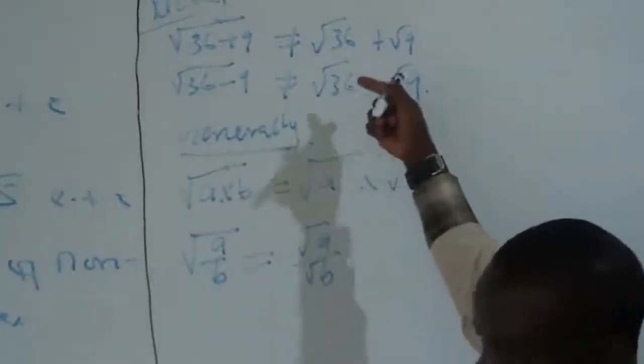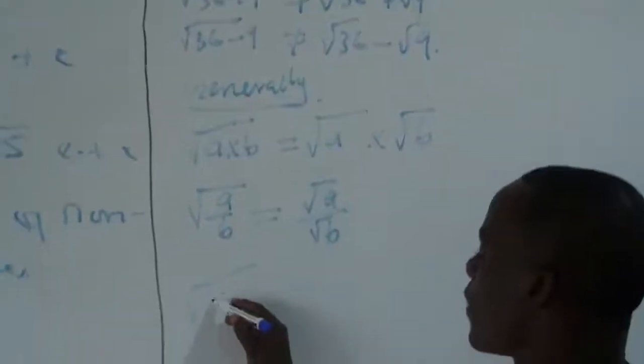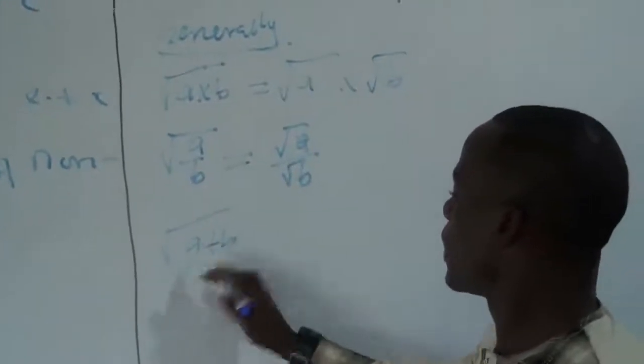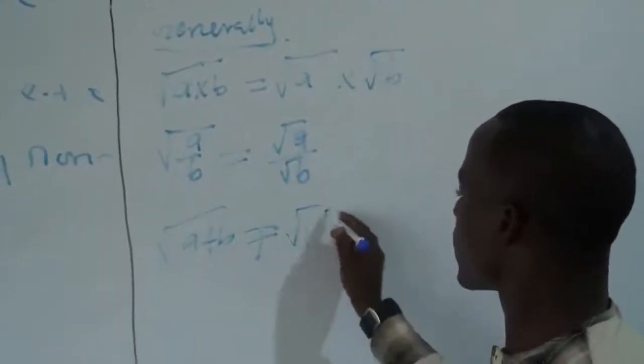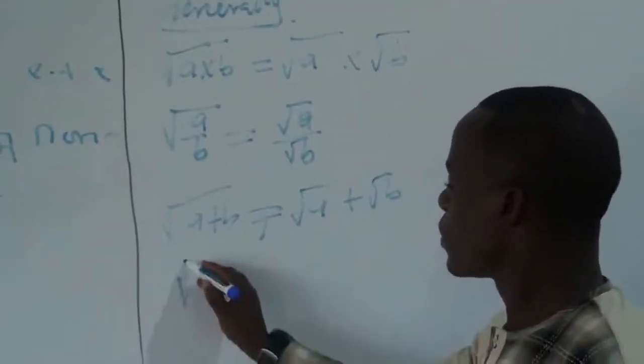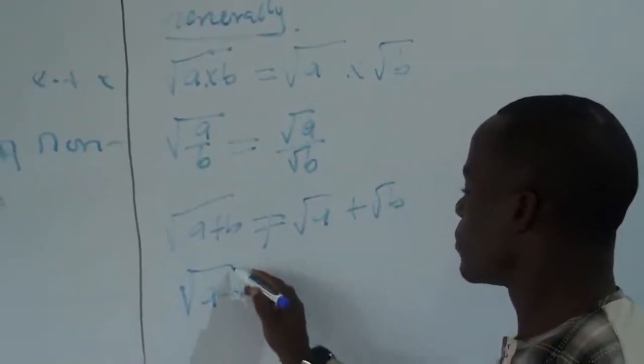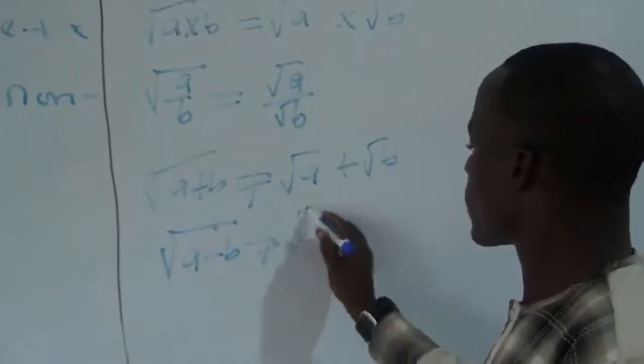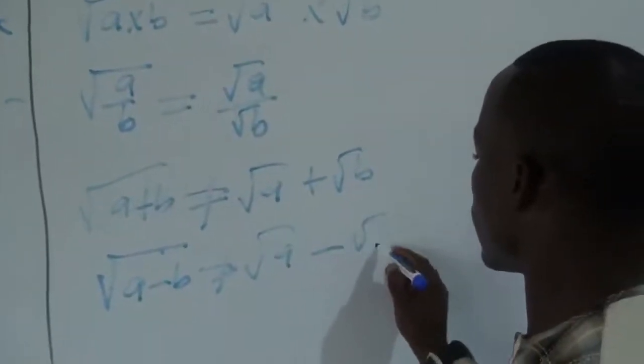And from the note we have here, the root of a plus b cannot be the same thing as the root of a plus the root of b, and so also the root of a minus b cannot be the same thing as the root of a minus the root of b.